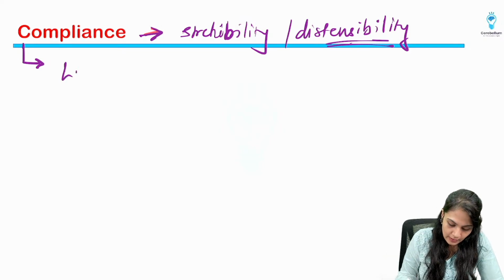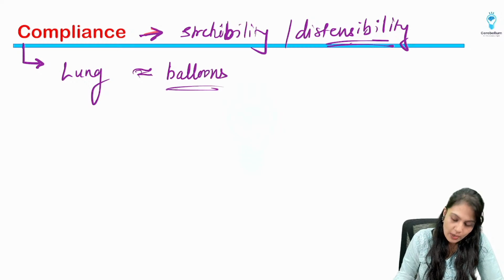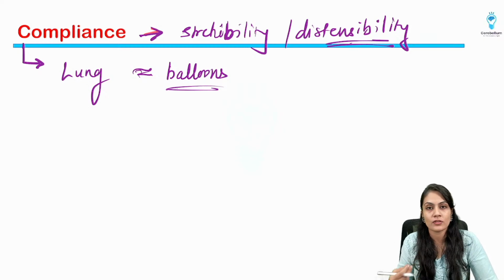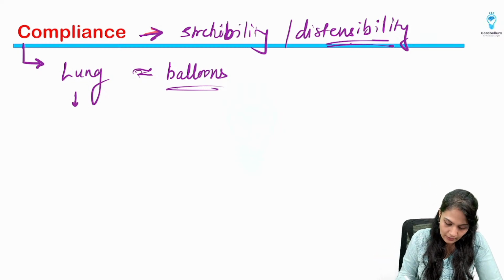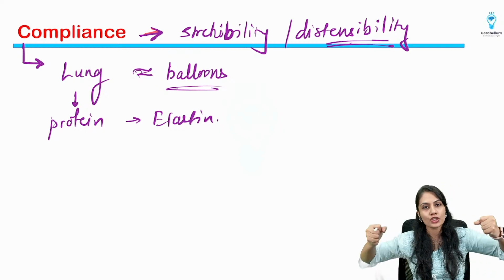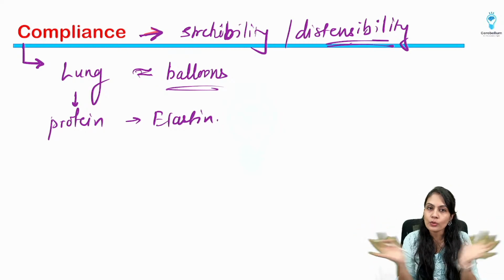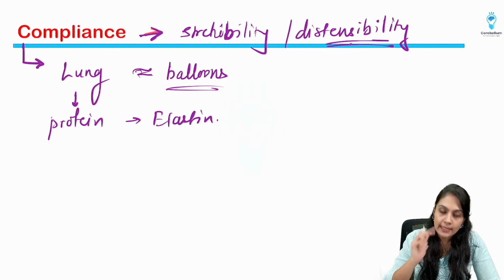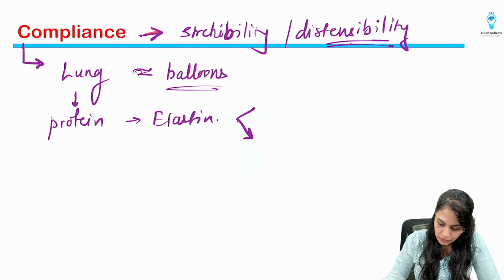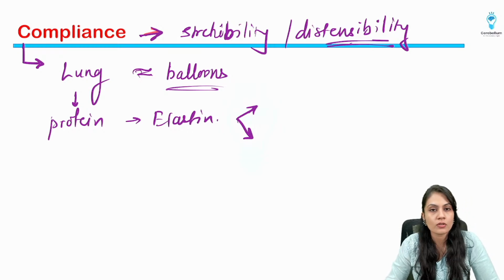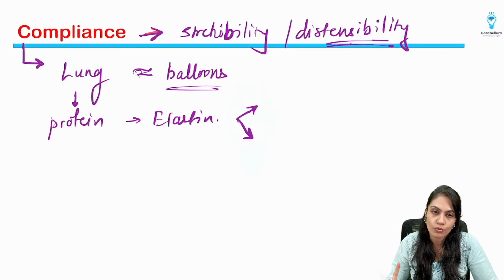Balloons do have elastic fibers or elasticity, right? Same, the lung has the protein which is known as elastin, right? Which can stretch, but understand it has the property to recoil also. So it is the protein which contains two properties, not only stretch but also recoil.